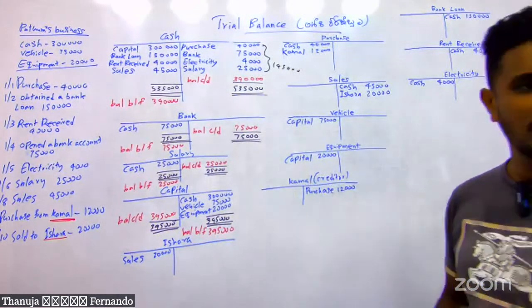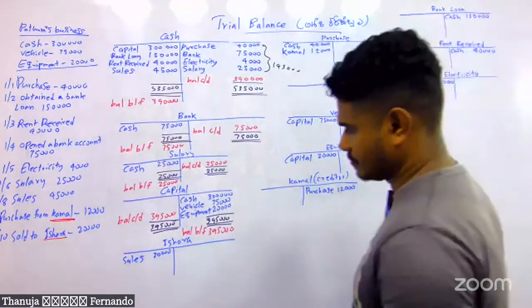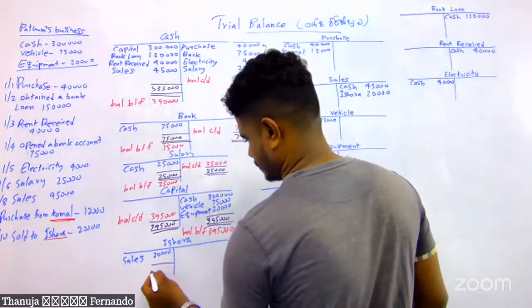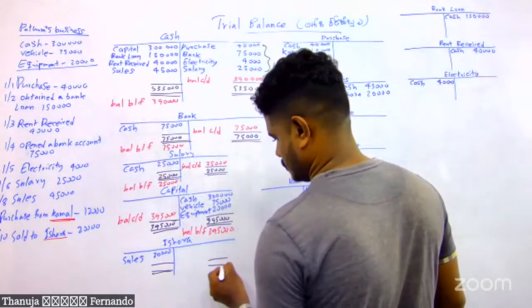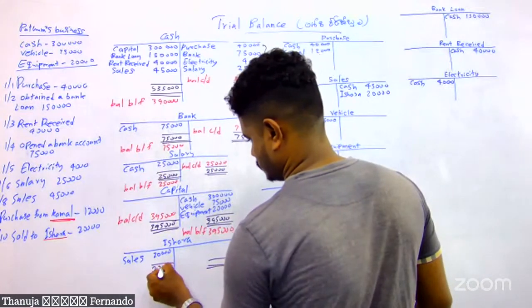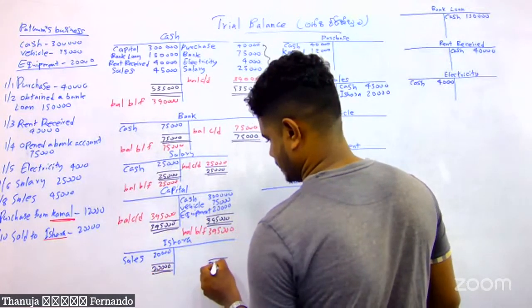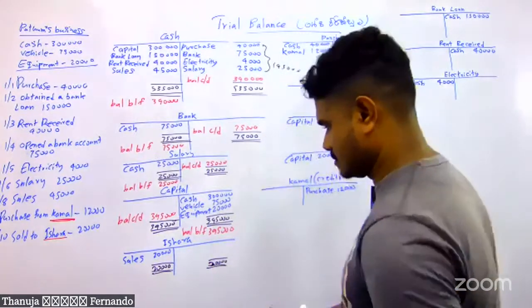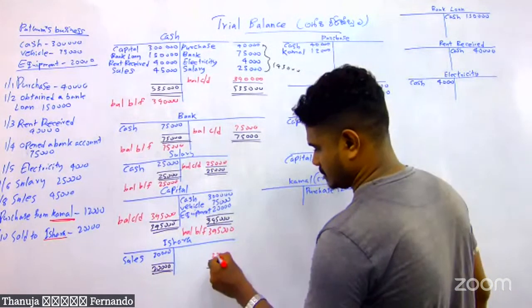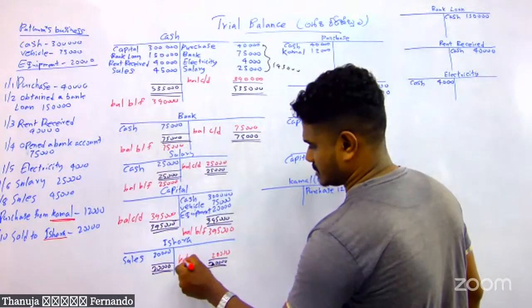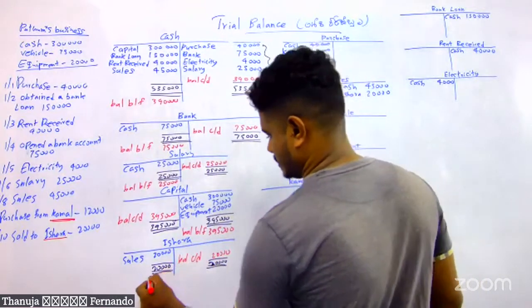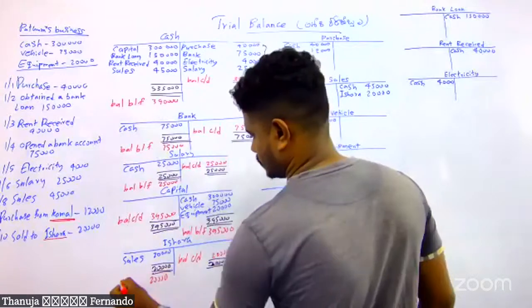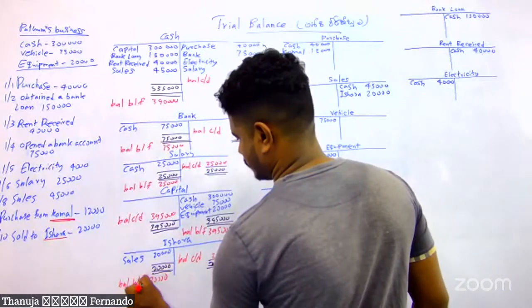Then Ishara, it is easy. 20,000 to both sides. Then minus 0 means balance is 20,000, balance CD. Then take it to the next month as opening balance as balance brought forward, balance BF.